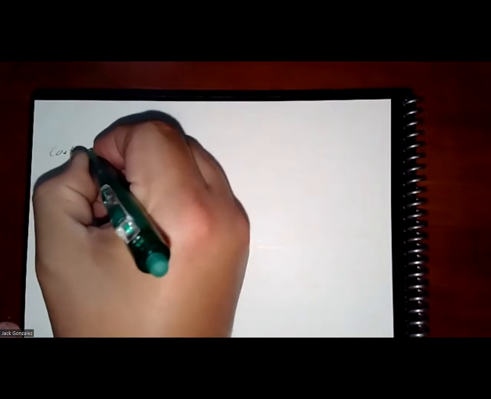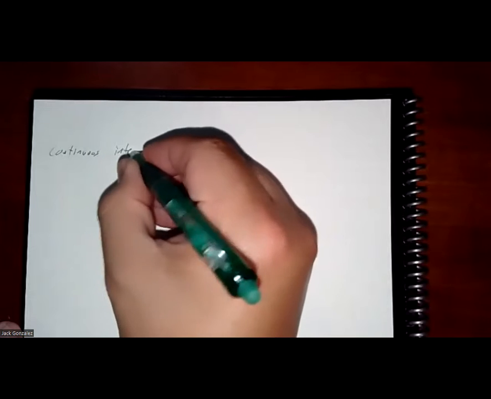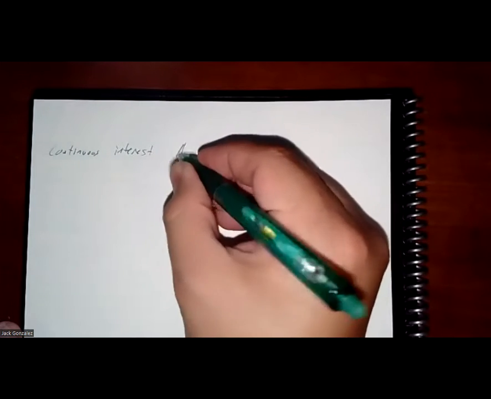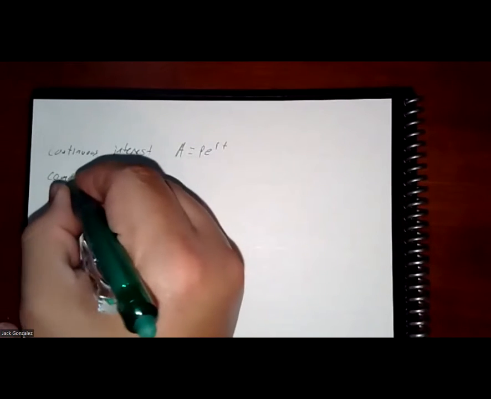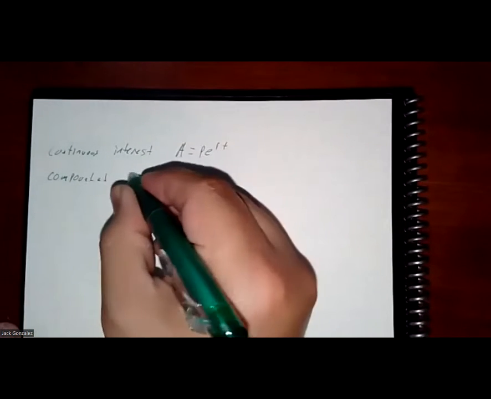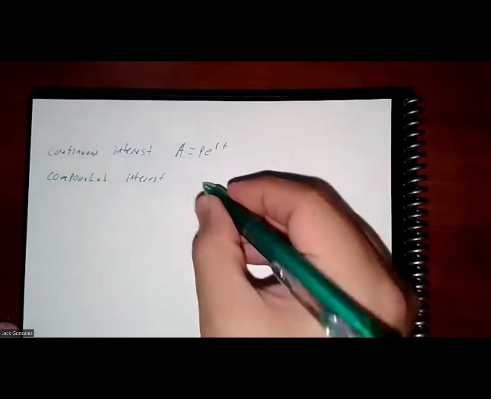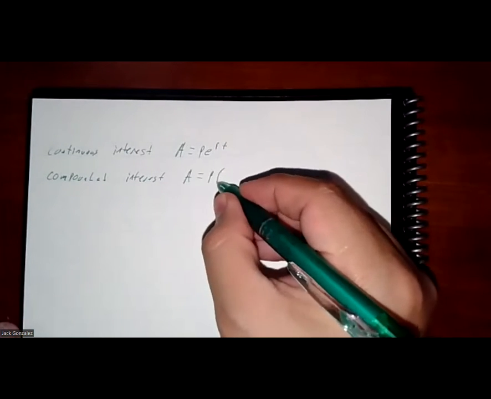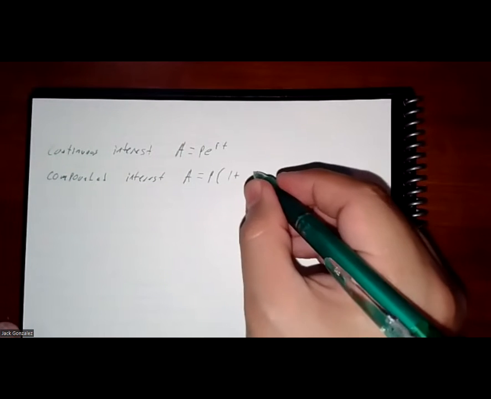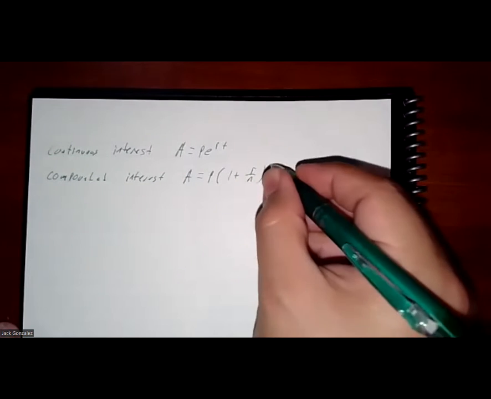So let's look at 33. Just a quick recap. Continuous interest is A equal to P times e to the rt. Compounded interest, where A is the future amount, is A equal to P times (1 plus r over n) to the nt.